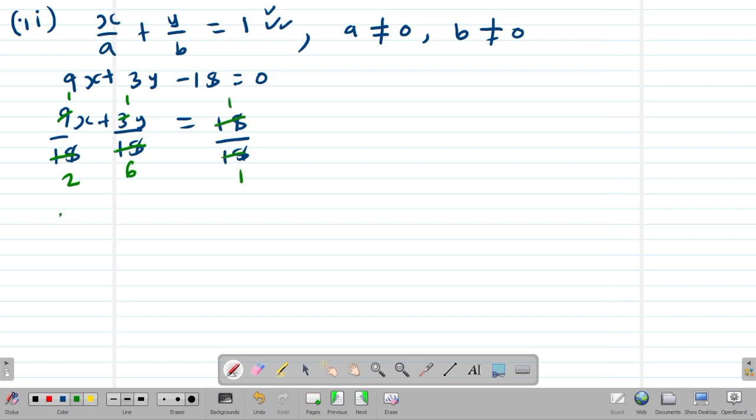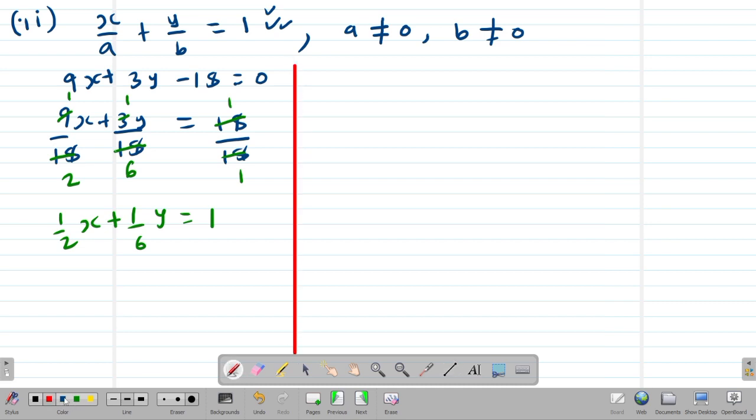So we remain with a half x, then of course plus 1 over 6y being equal to 1 over 1, which is just 1.